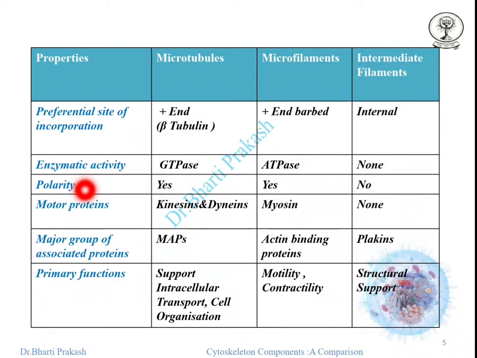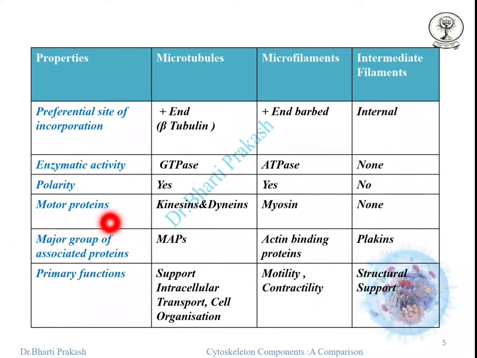Moreover, these filaments have polarity with plus and minus ends. Both microtubules and microfilaments have polarity, whereas the intermediate filaments do not have polarity. An important function of cytoskeleton proteins is the part they play in motor activity.